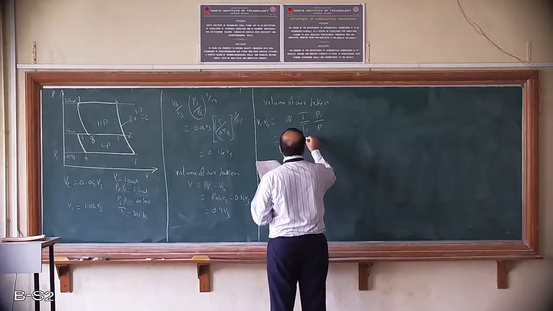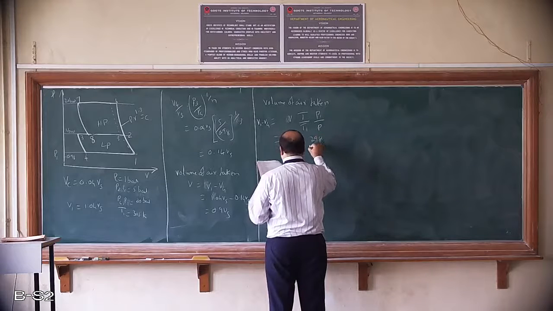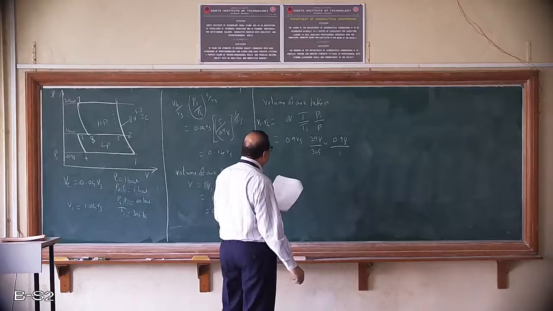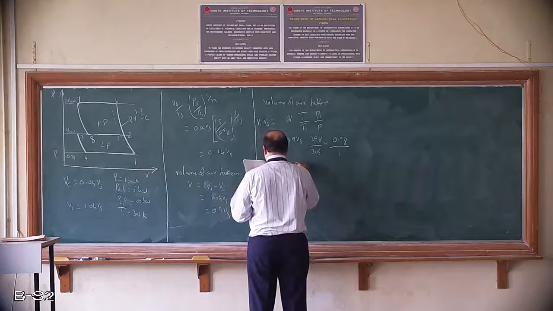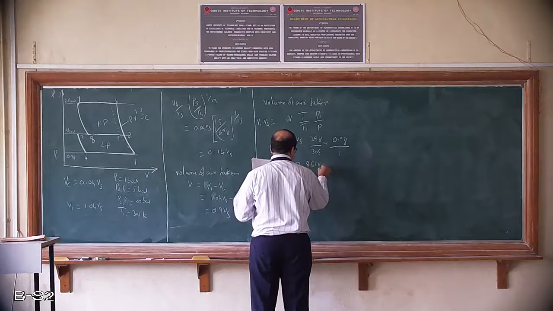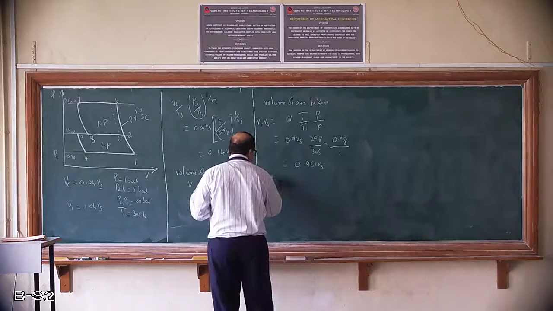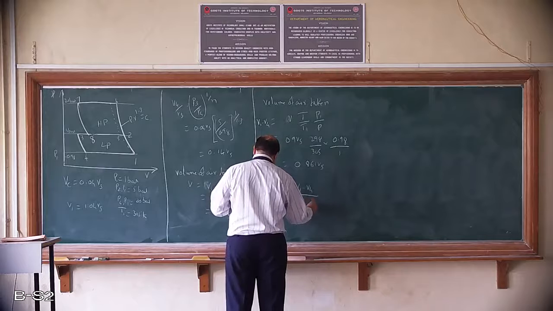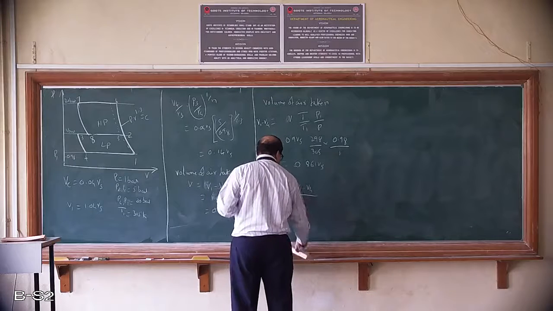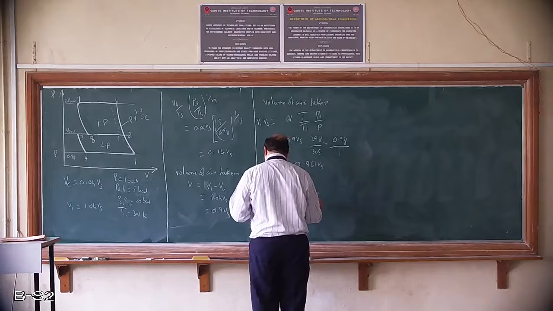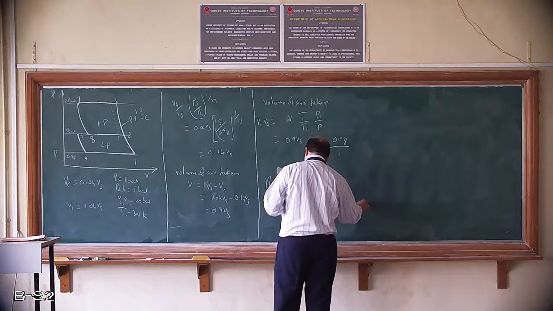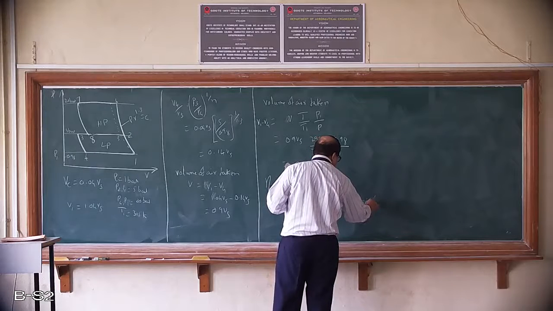T is the ambient temperature, 298. We'll take it as 305, into 0.98. The ambient temperature is 25 degrees and 1 bar, given. So this will be 0.861 Vs. So volumetric efficiency is V1 minus V4 by V1 minus V3, and V1 minus V3 is Vs. So this is 0.861 Vs by Vs. We get it as 86.1% volumetric efficiency.